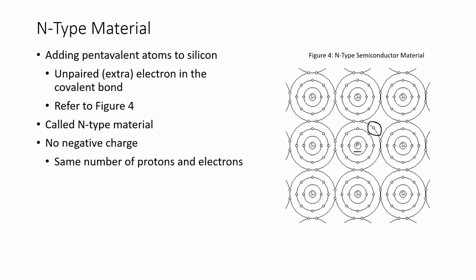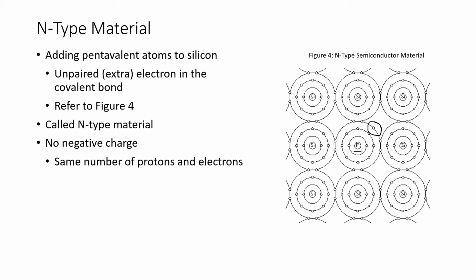Now again, this structure does not have a negative charge because the phosphorus atom has the same number of protons as it does electrons. So there's really not an extra electron. They just had to call it something, and they thought N was a good word.